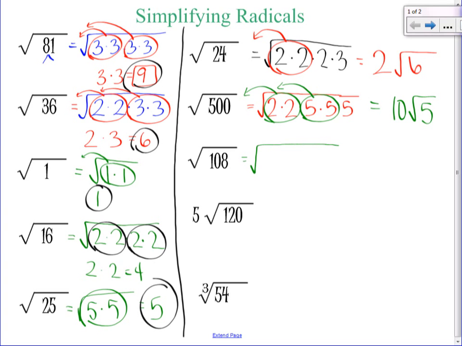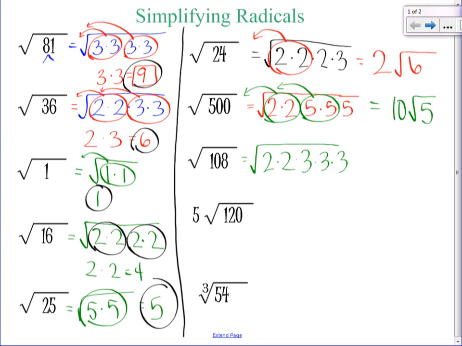Prime factor of 108. So we start dividing by 2 as many times as we can. Only twice, and then we hit a number that's odd. So now we start dividing by 3 until we get all the way down to the smallest number.